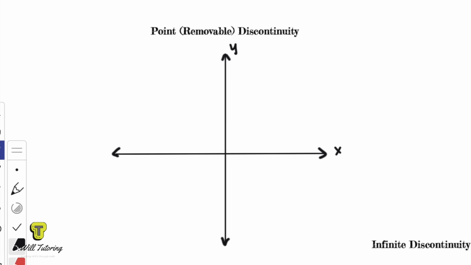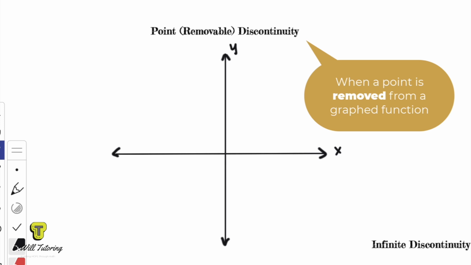The first one I want to talk about is called point discontinuity, also known as removable discontinuity. With this discontinuity, there is a hole within your graph or within your function. So a point has been removed from our function drawn.